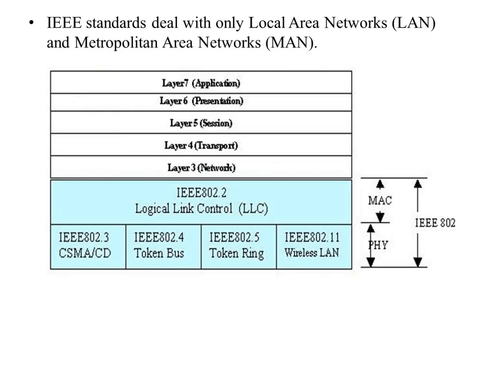Here you can see that 802.2 is associated with the LLC at the second layer, while 802.3, 802.4, 802.5 and 802.11, which are meant for Ethernet, token bus, token ring and wireless LANs, are at the physical layer. These standards are defined at the physical layer.